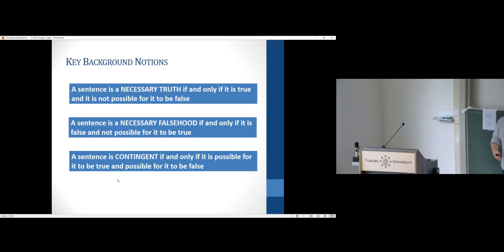Now, armed with this terminology, we can ask a very fun question. So I told you already about one way to get validity on the cheap. Right? It was to have jointly inconsistent premises. What's going to be another way to get validity on the cheap?